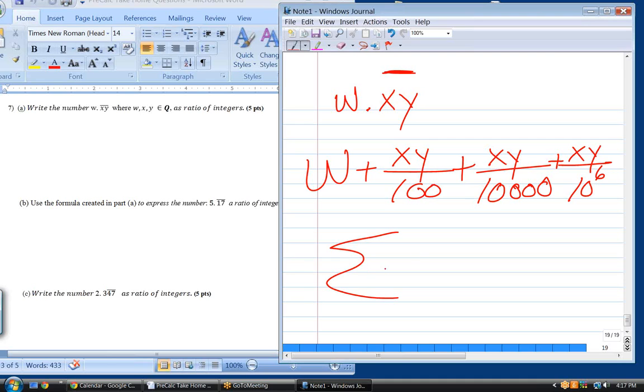If I was writing that in sigma notation, it would be W plus the sum of xy over 10 to the nth as n goes to infinity, if I'm only adding 1 zero each time.